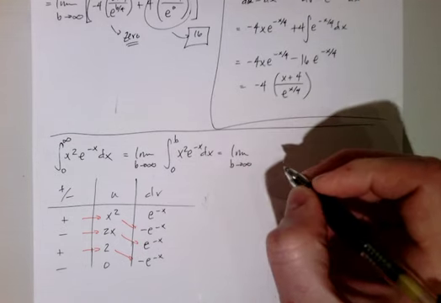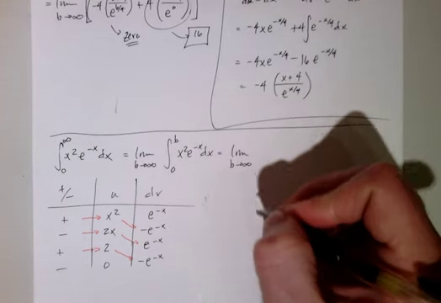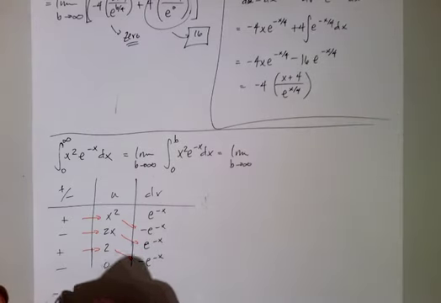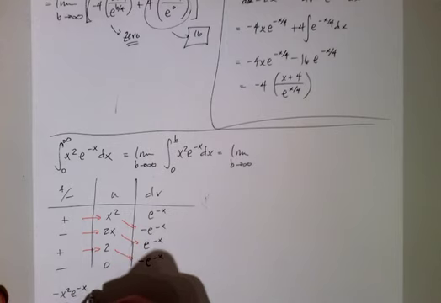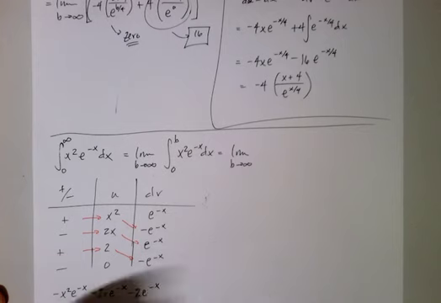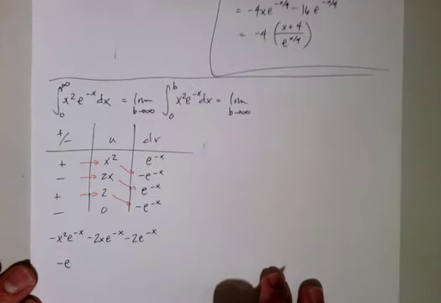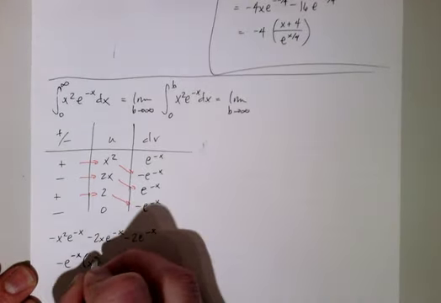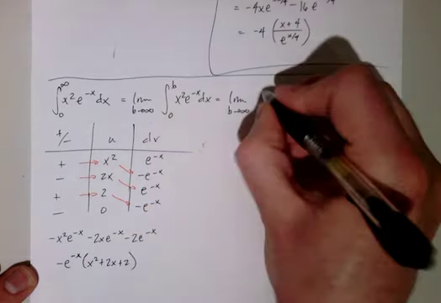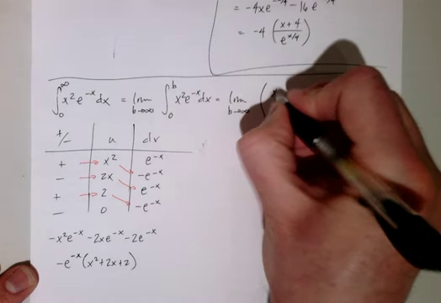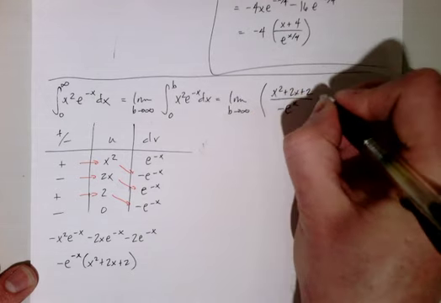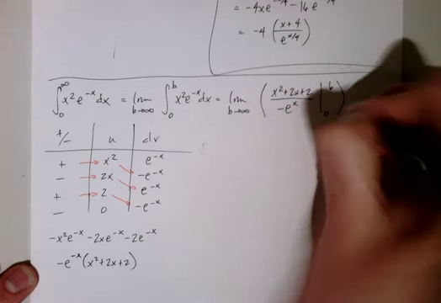And I'm going to clean this up a little bit because you can factor out a negative e to the negative x out of a lot of this, because basically this winds up being negative x squared e to the negative x, negative 2x e to the negative x, minus 2 e to the negative x. You can factor out a negative e to the negative x, and you're going to get x squared plus 2x plus 2. So let's do x squared plus 2x plus 2 over negative e to the x from 0 to b.